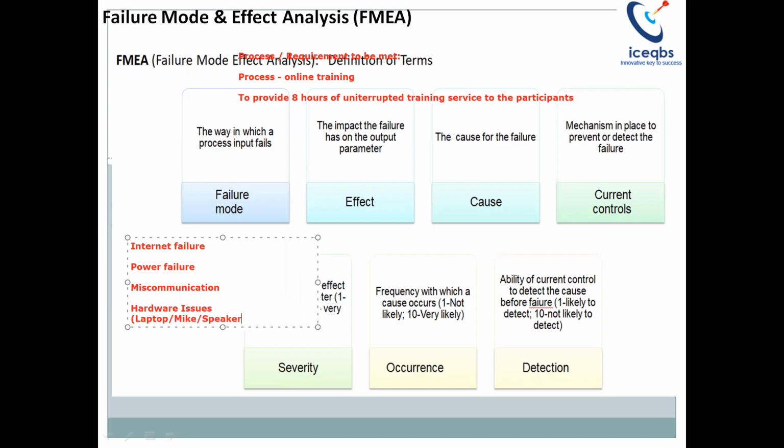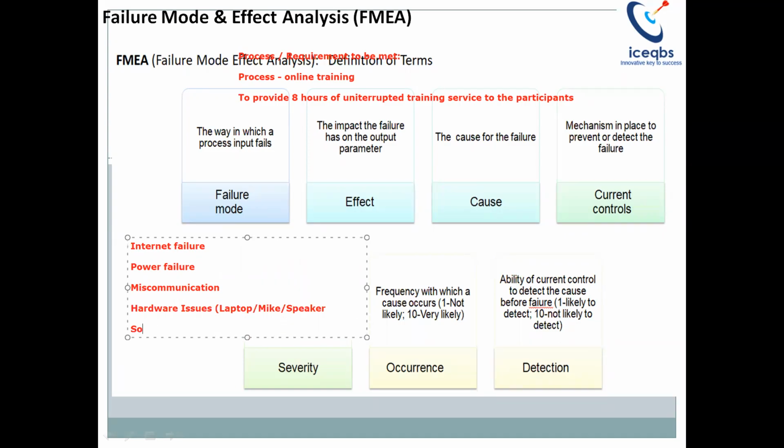These are all hardware issues, because of which a problem may come. Hardware issues, software issues, health issues. Suddenly I feel terribly sick, so that I am not able to take the training session. So these are all some of the potential failure modes, because of which I will not be able to take the class and meet my requirement.